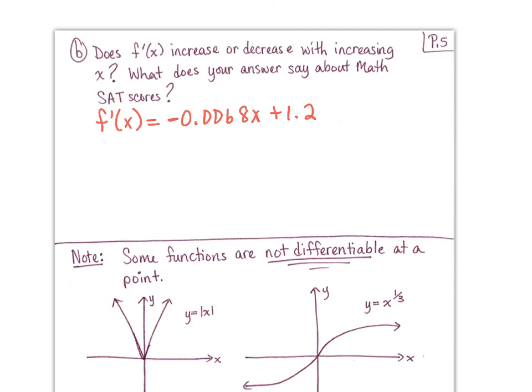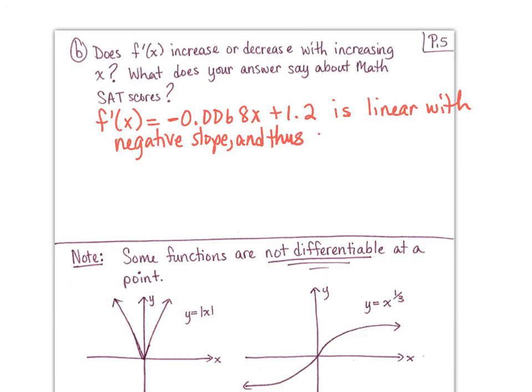Negative, right? So, is it going to be increasing or decreasing? Decreasing, very good. So this derivative is linear with negative slope, and thus it is decreasing with increasing x.